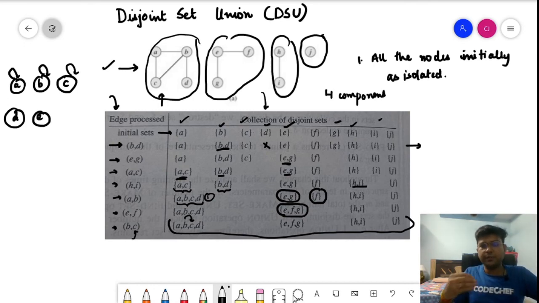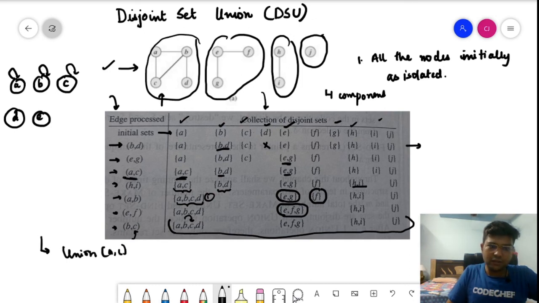So this is typically what the working of disjoint set union is theoretically, but we'll see how we can understand it better and how we can implement it. There are two things which are closely associated with this. One thing is we need to union. Suppose we have been given that I need to union these two nodes, the component of A and the component of C, and we'll try to merge them.